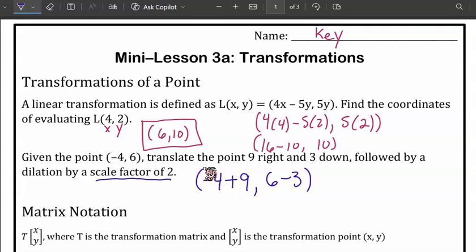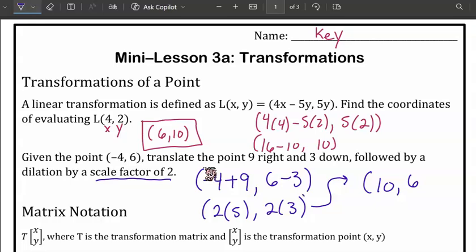That means that we multiply each of these answers by 2. So we have 2 times 5, comma, 2 times 3. Our transformation point will be 10, comma, 6. Which is the inverse of our first example.